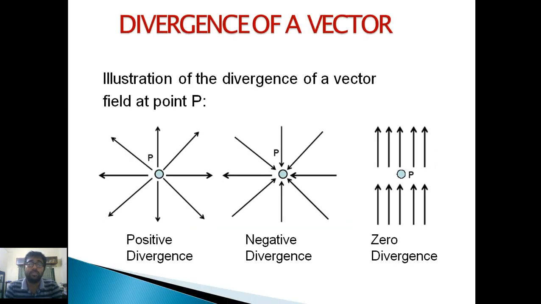First, this is the divergence of a vector. The illustration of the divergence of a vector field at point P is this.